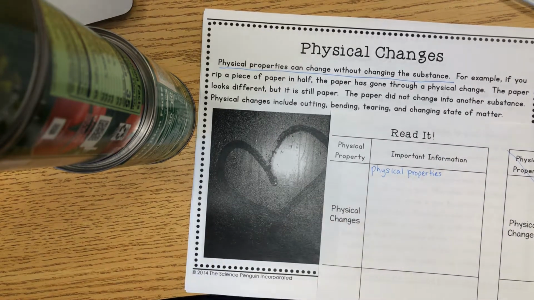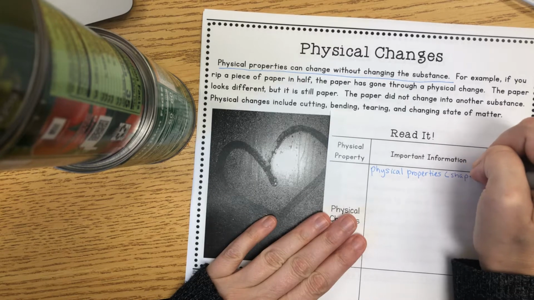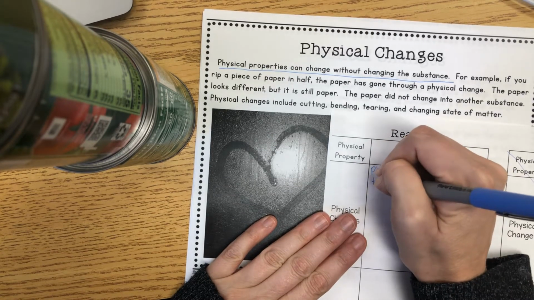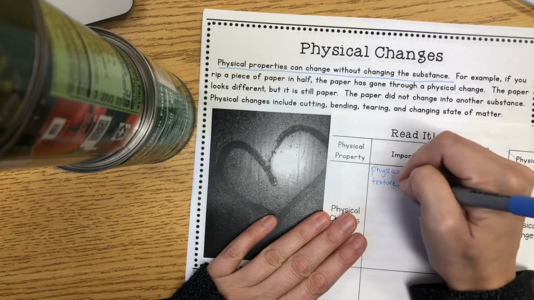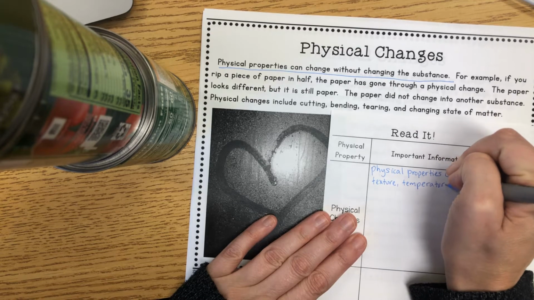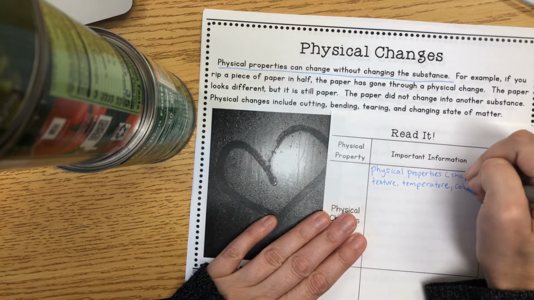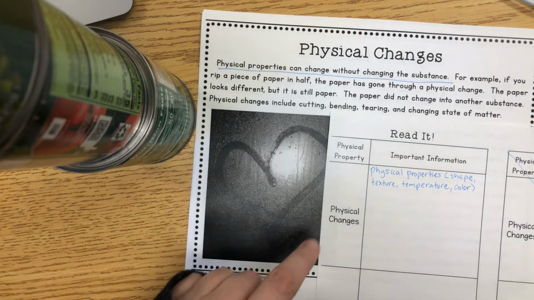Now, physical properties are things like the shape that something has, its texture, its temperature, its color. Things that you can observe with your five senses are physical properties.